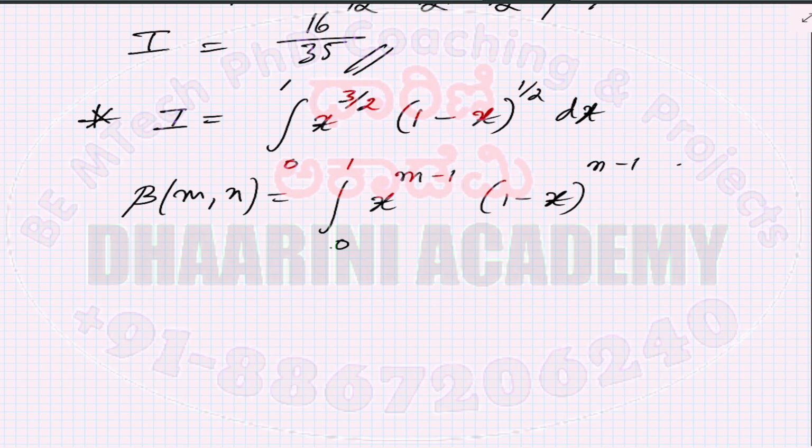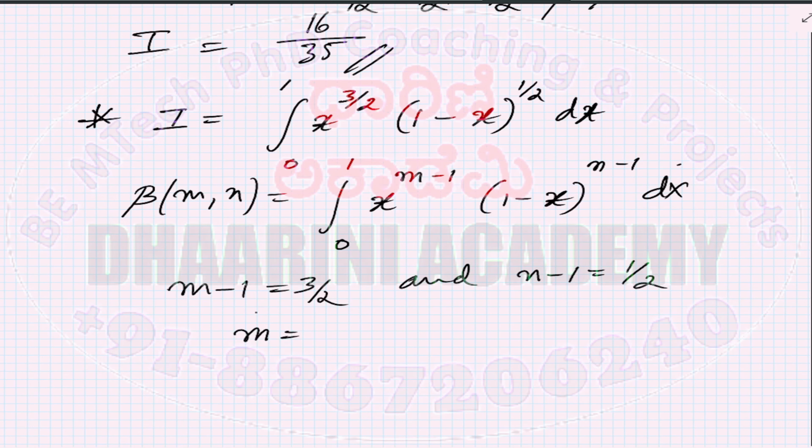So comparing these two equations, I understand that in the given question, m minus 1 is nothing but 3 by 2 and n minus 1 is nothing but 1 by 2. So what is m now? 3 by 2 plus 1, so that is 5 by 2.